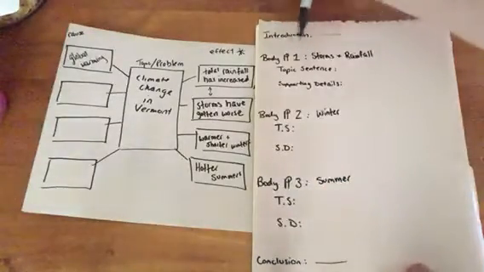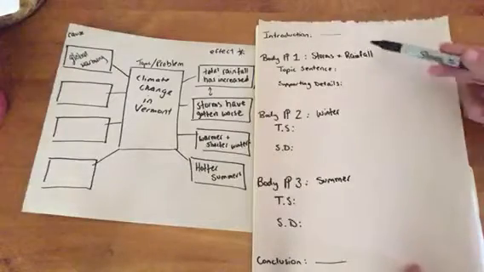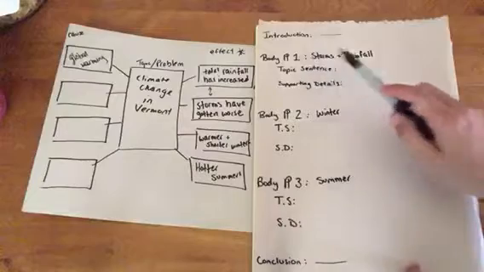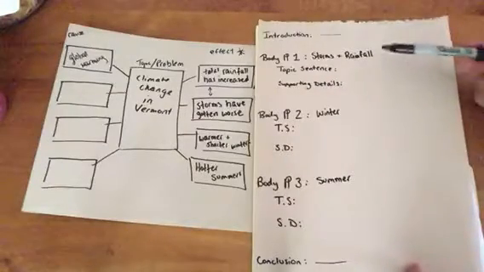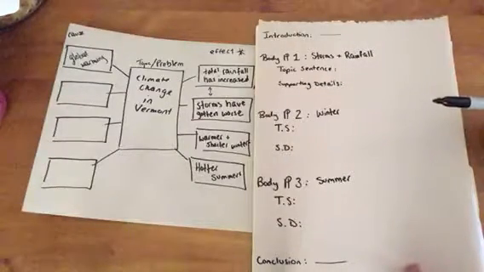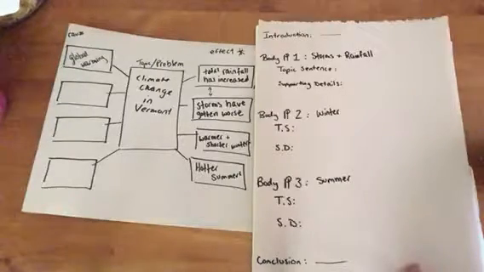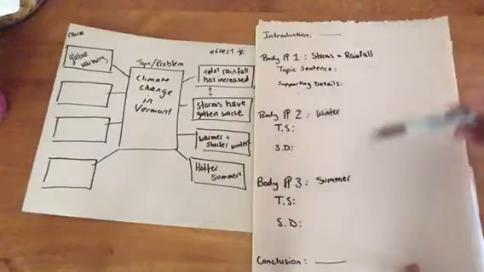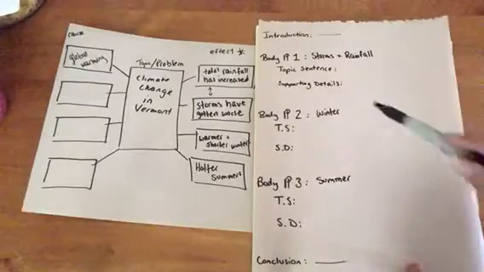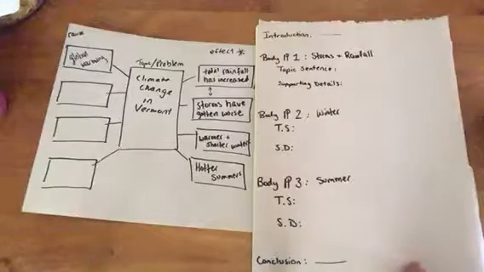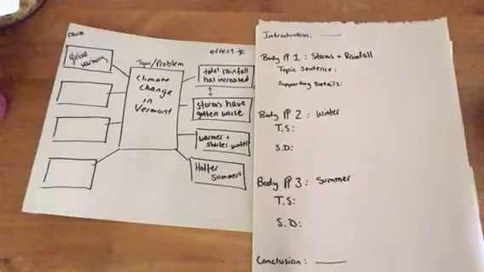Okay, so these are all my main ideas for each of my paragraphs. Just to reiterate, my first paragraph is only going to be about storms and rainfall. Once I start talking about something else, we're going to move down to the next paragraph, which is going to be only about winter. When I finish talking about winter, the third paragraph is only going to be about summer.